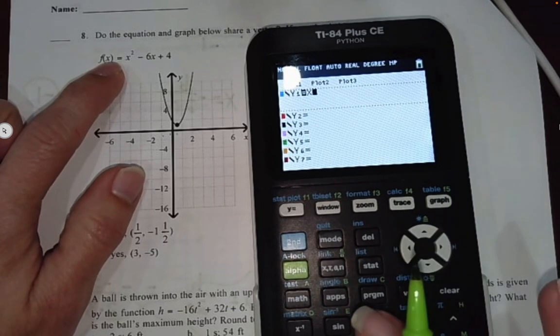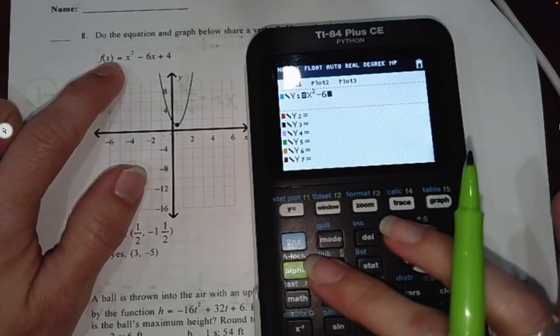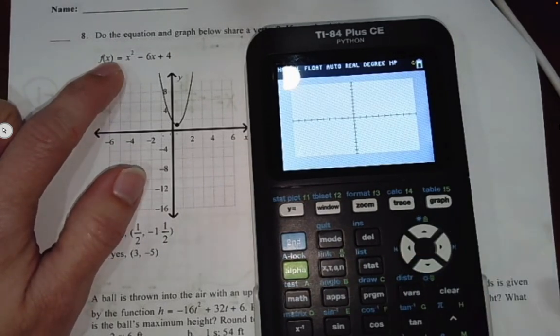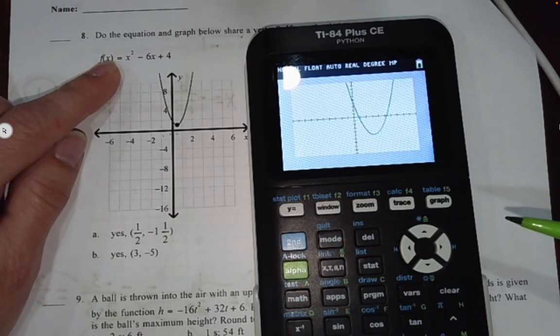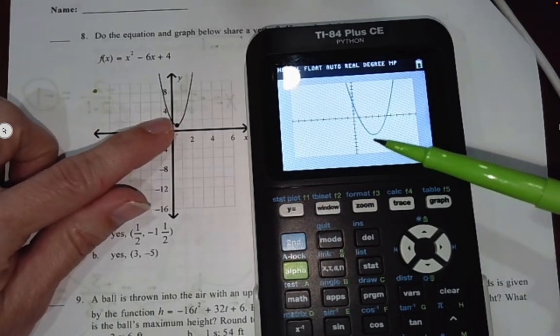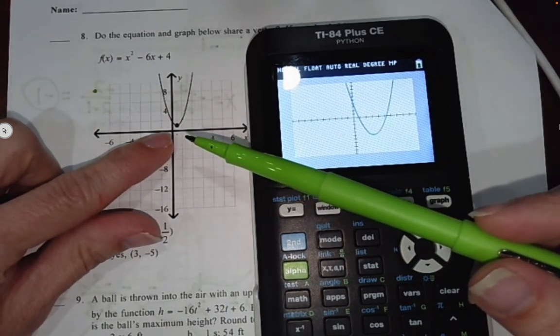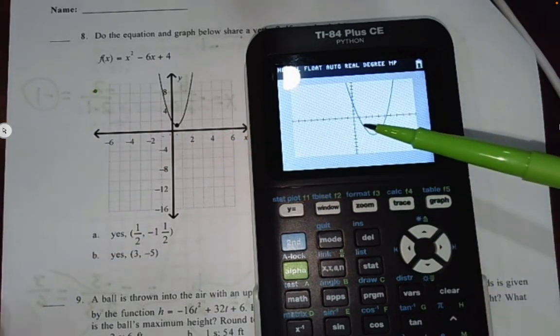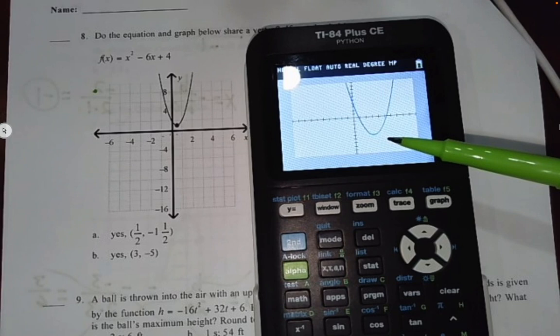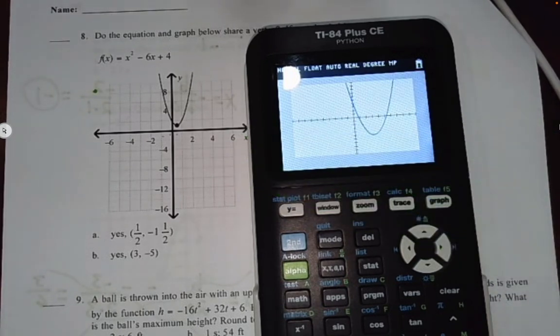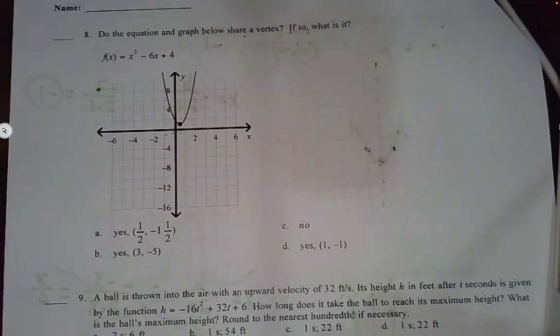X squared minus 6x plus 4. Do those have the same vertex? No. This one looks like it's over 1/2 and up 1. This one looks like it's over 3 and down. I don't know how many. That is not the same. Okay? They don't have the same vertex. So we would just put no.